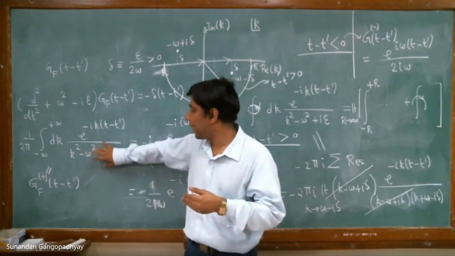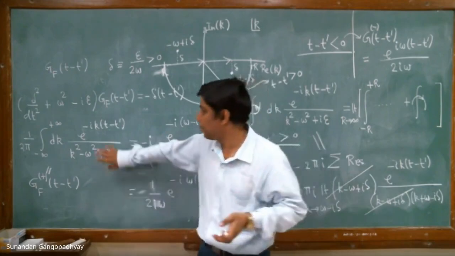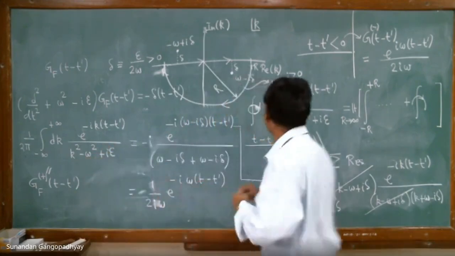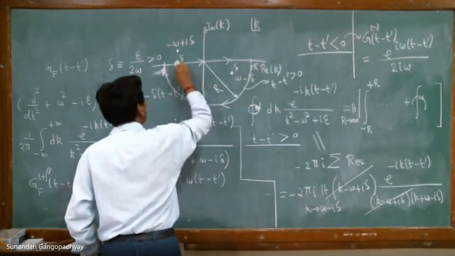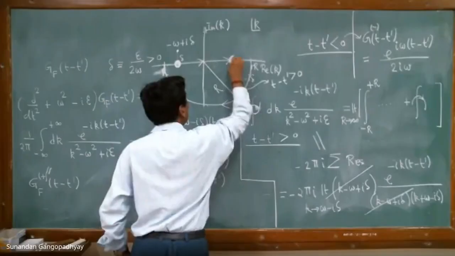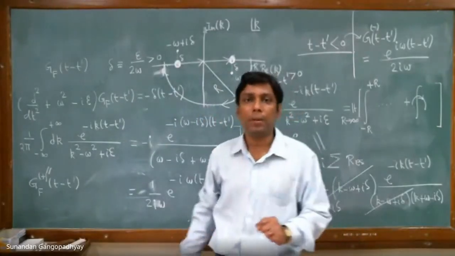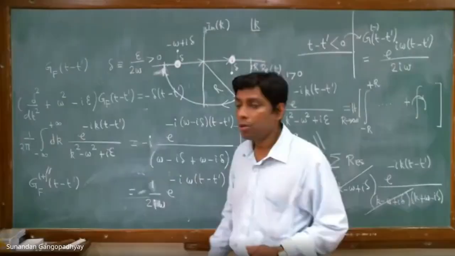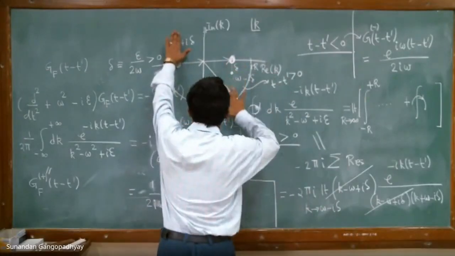And that is why Feynman put a factor of i epsilon, so you can lift the poles. Suppose this factor is not there, then your poles are basically on the real line. These are your poles. And this is the direction along which you are integrating. So that is the problem. So what you do is, you just lift one of the poles like this and one of the poles like this.